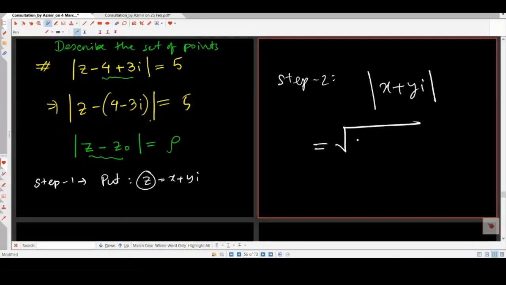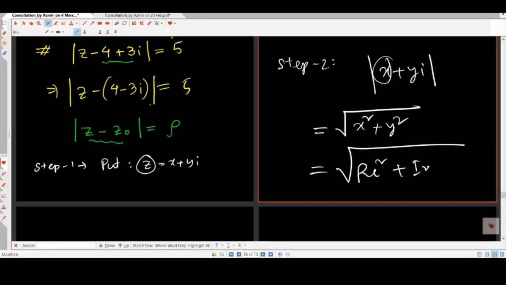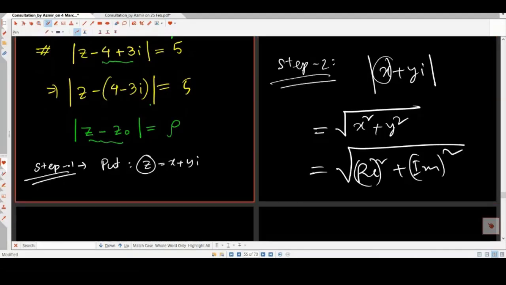We know it can be written as square root of x squared plus y squared; in other words, the real part squared plus the imaginary part squared.